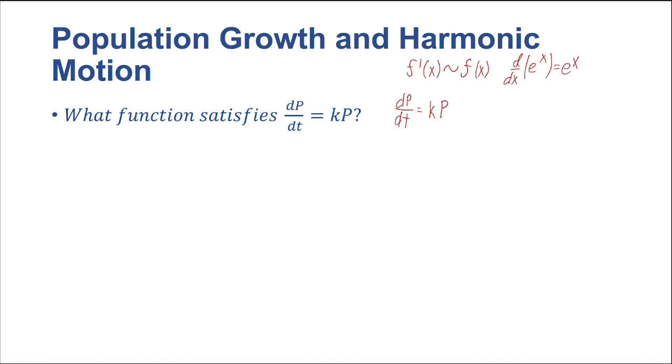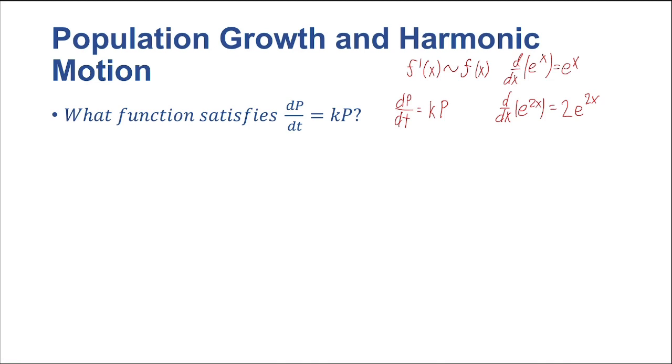But we also know that if I differentiate something like e^(2x), then we're going to get 2e^(2x) with the chain rule. Now, 2e^(2x) is proportional to e^(2x). So there we have it. There's an example of a function that when we take its derivative, it's proportional to our original function.